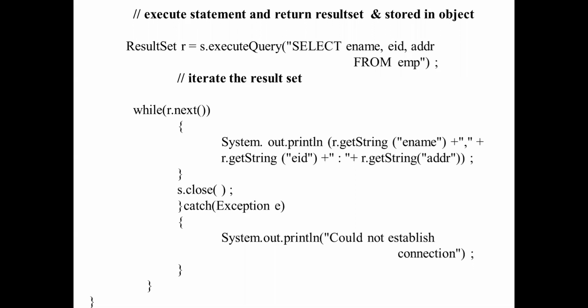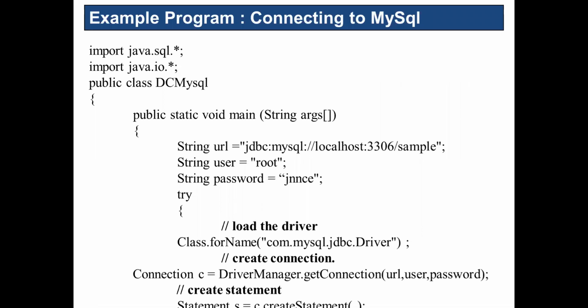In case an error occurs, I can use the catch of the exception e, then I print could not establish the connection. That means if there is a mismatch with the database connection, I can catch the exception and print the result as could not establish the connection. So this is how we connect using the MySQL database. Any doubt?